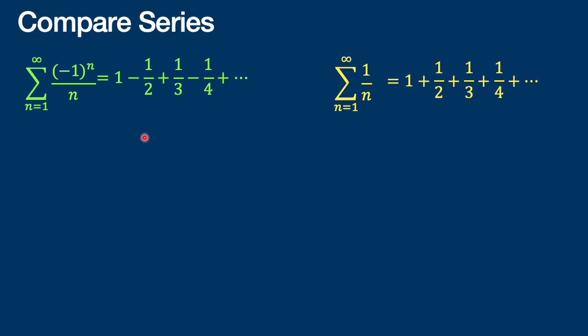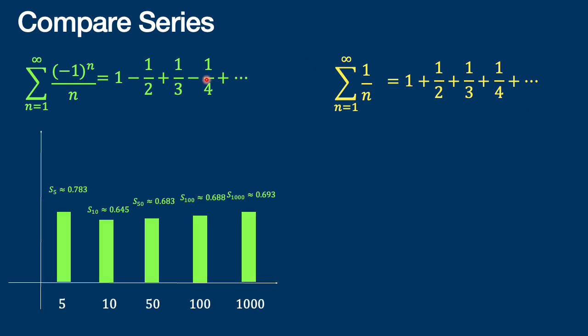In the previous slide we proved this alternating series converges. Why is it different? The left series has alternating signs. In the right series, all the terms are positive. Let's compare the partial sums right here, guys. Here is a partial sum of the alternating series. As we did, the alternating series converges.